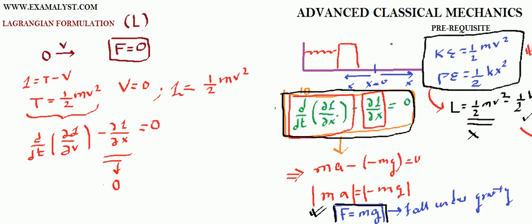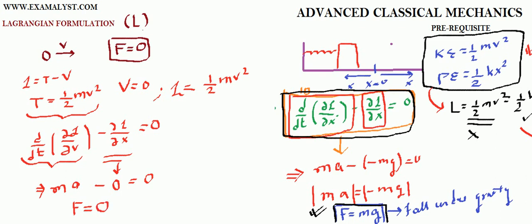It's 0, because there is no term in the Lagrangian of the free body that is a function of x. And if I do this part, we have already done this again and again, what do we get? We get mass into acceleration. So mass into acceleration minus 0 equals 0. And what is mass into acceleration? Force. So force equals 0.